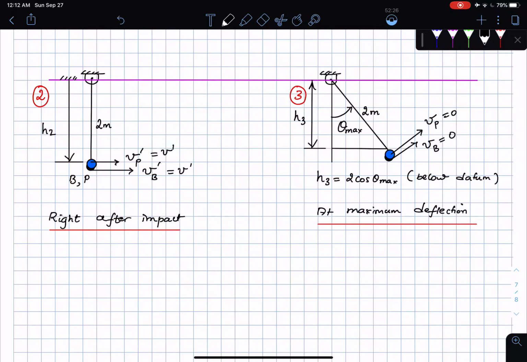And h2 is a height of 2 meters, also below the datum.